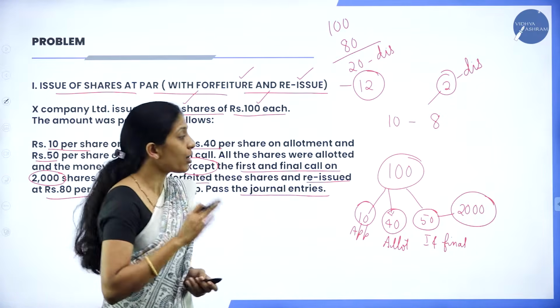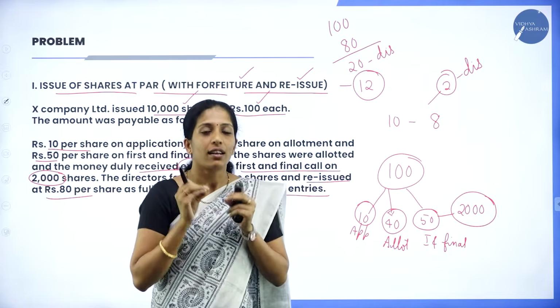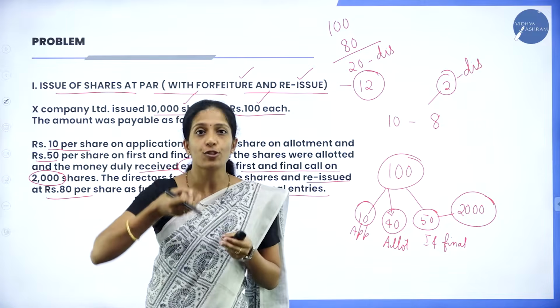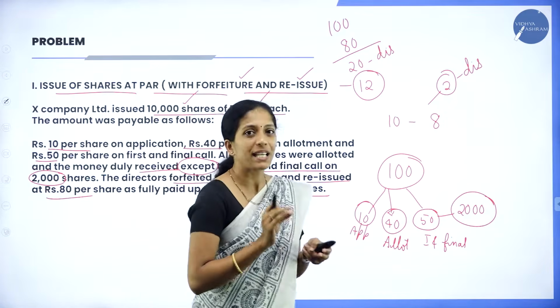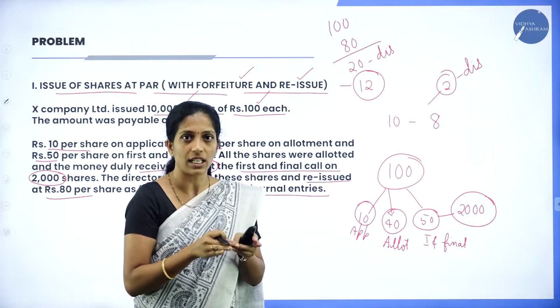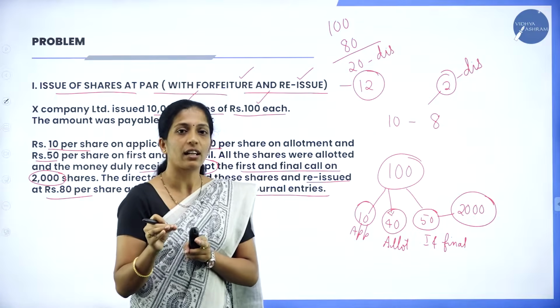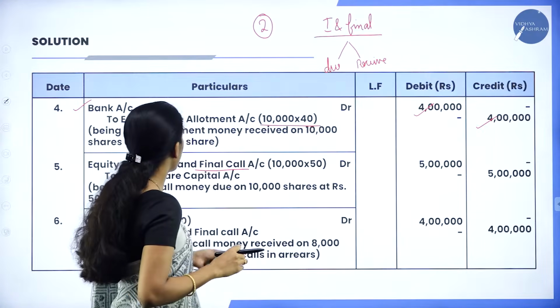Now here you are not going to deduct this 2,000. In the due entry, we are recording how much has to come to the business. That is 10,000 into 50 rupees has to come into the business, because the number of shareholders is 10,000 and the value of the final call is 50 rupees. 10,000 into 50. So what would be our entry?